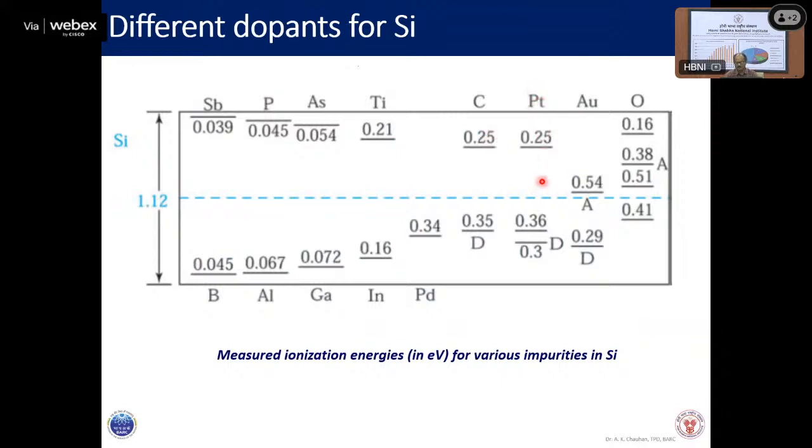Now, if you have both carbon and platinum, how will you choose the better one? There are many other things actually. You just cannot put any dopant inside any lattice. There are many restrictions also, because this is a foreign atom inside the lattice, so it will create strain inside the lattice.